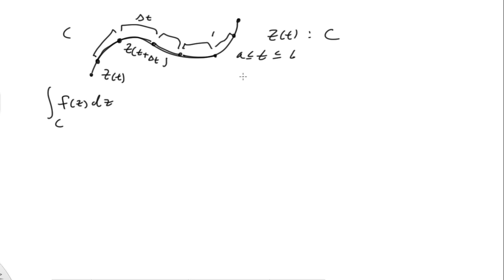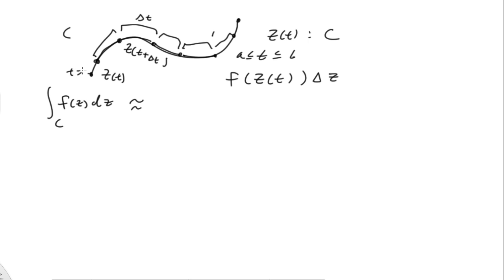So what we really want to do is sample this function. We want to take f of z and sample it at points z of t, but then we're going to multiply it by some delta z. So let's rewrite this in this approximate form.